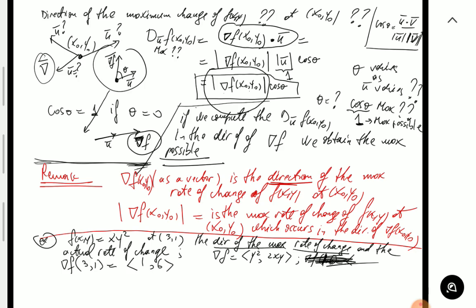So that's the direction of the maximum rate of change. The actual maximum rate of change is the magnitude of this gradient, which is the square root of 1 plus 36, that's the square root of 37.